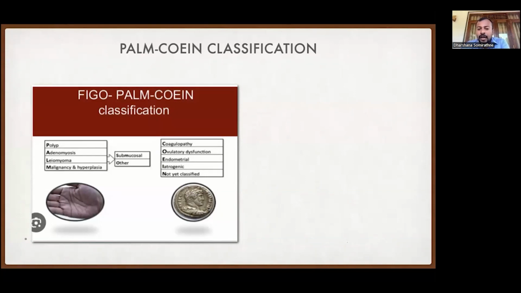And then endometrial causes. Most doctors confuse endometrial causes with endometrial cancer. No, it's not really. I don't know whether you remember, we don't use anymore the term dysfunctional uterine bleeding. I would like to take you back to second year MBBS.